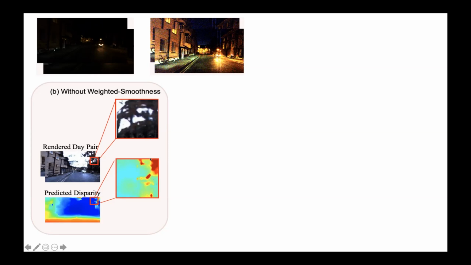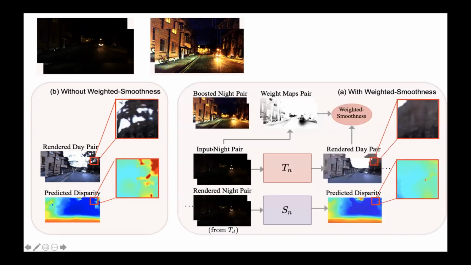The idea is quite simple: we put a smoothness constraint in this work. This is our contribution, a weighted smoothness. What is weighted smoothness? We generate a weight map based on the intensity. If the intensity is high, the weight is low. If the intensity is very low, the weight is high.